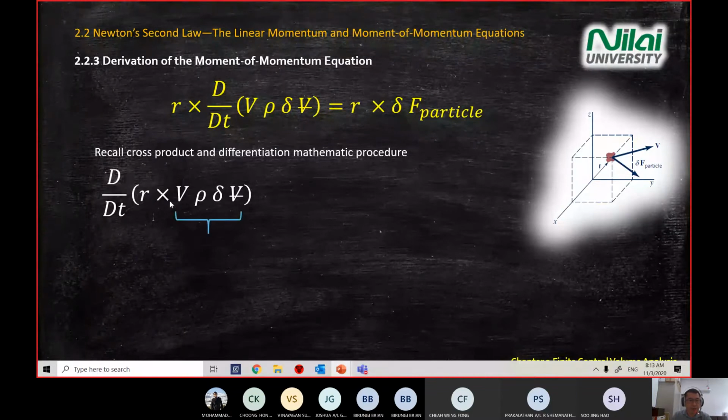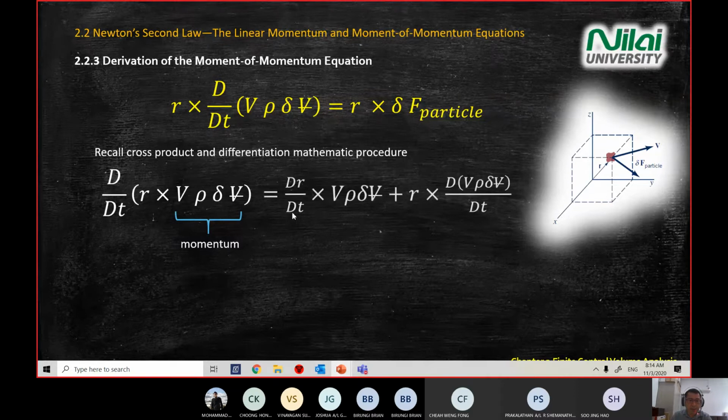However, we won't go deep into what a cross product is here, because that's more on mathematics. So velocity V times rho times volume gives mass, and mass times velocity gives momentum. mv is momentum, which is what you learn in physics.